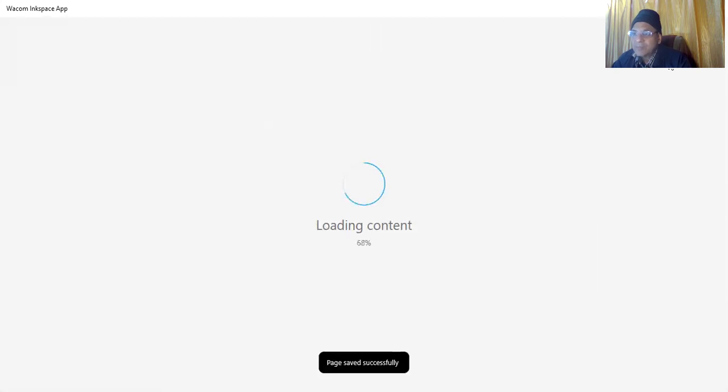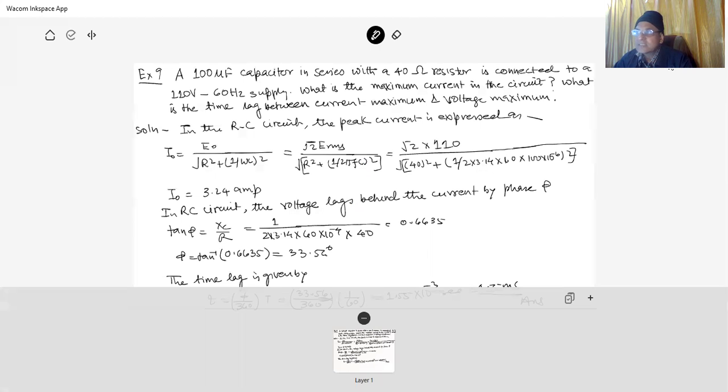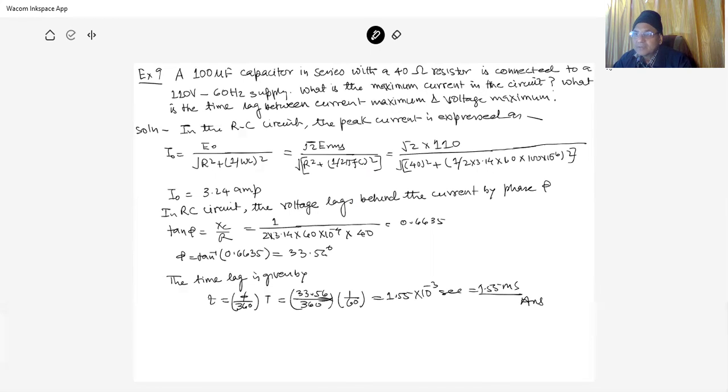Now example 9. In this example, we consider another aspect: a 100 microfarad capacitor in series with a 40 ohm resistor is connected to a 110 volt 60 hertz power supply.